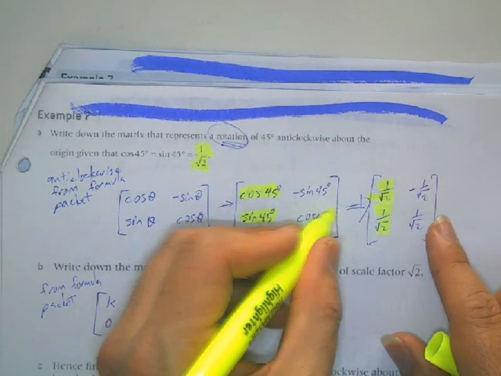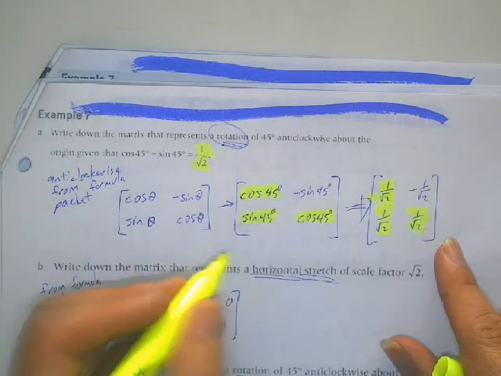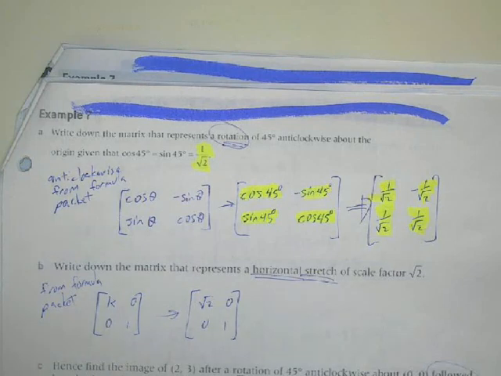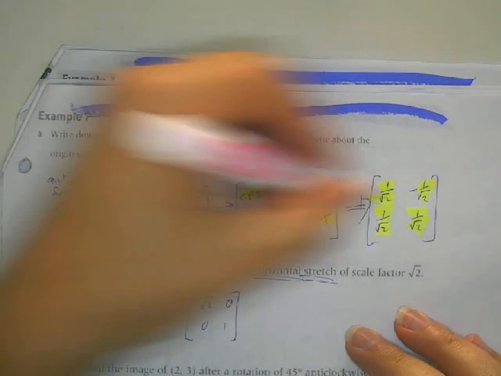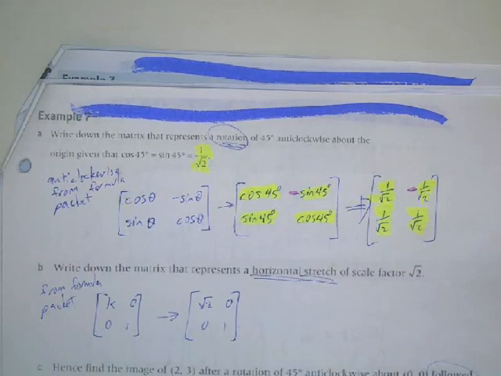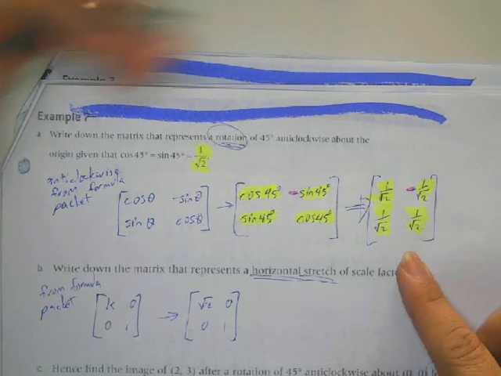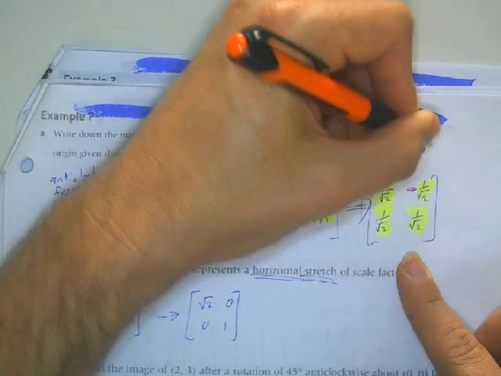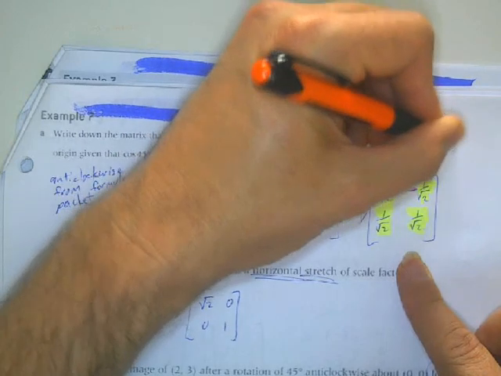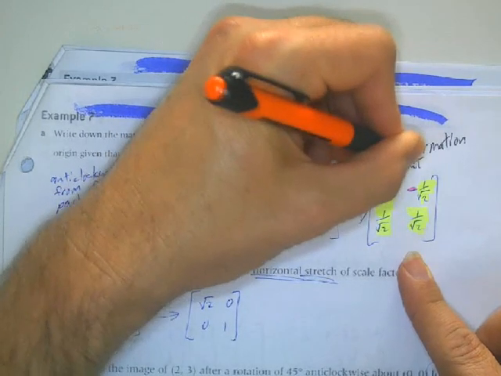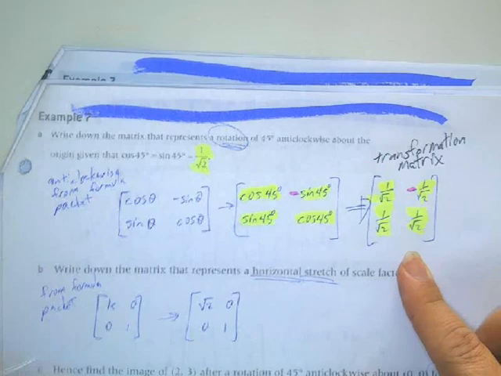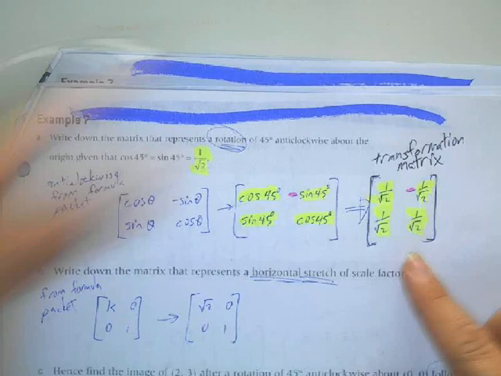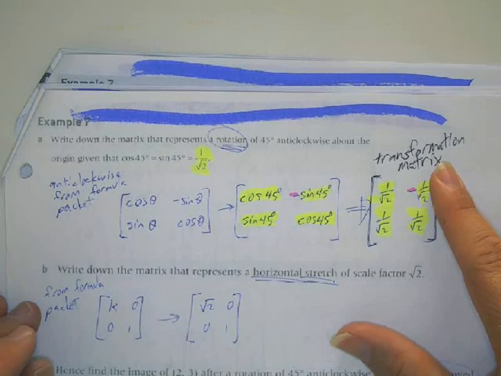Replace this with 1 over radical 2. And replace this with 1 over radical 2. But since this is negative, I'm going to put a negative there. Okay, so now I have my transformation matrix. If I multiply the image matrix and the transformation matrix, I will get my result matrix.